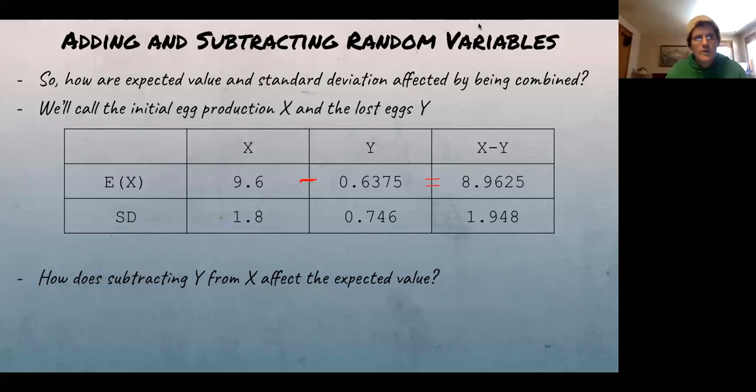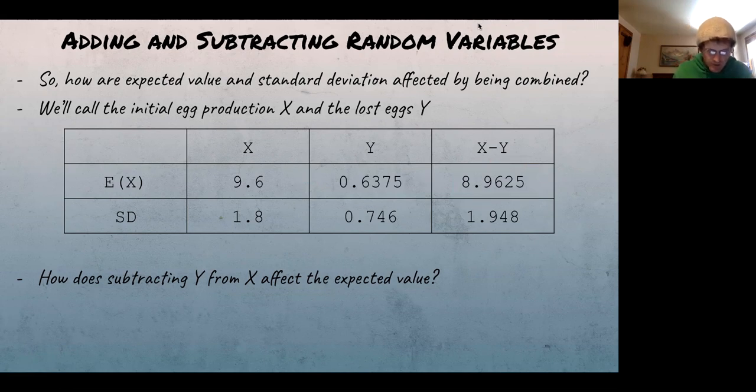With expected value, this is always going to be the easier thing. You can see right here, when we combine, it's very straightforward. If we're subtracting X minus Y, then we just take the expected values of X and Y and subtract them. That's exactly what we got there. It might not be immediately obvious, but if you plug it in your calculator, it's confirmed. This number right here is just 9.6 minus 0.6375.